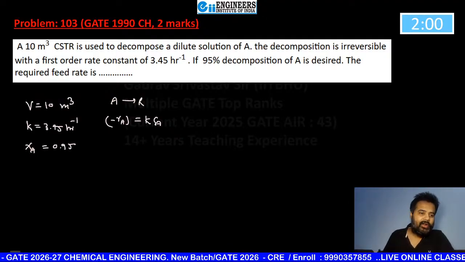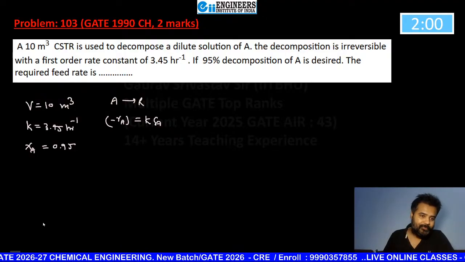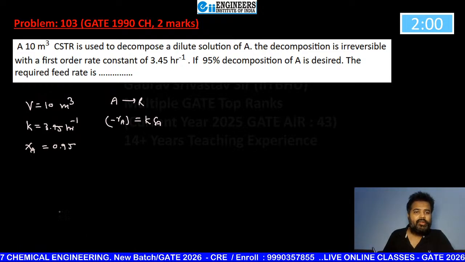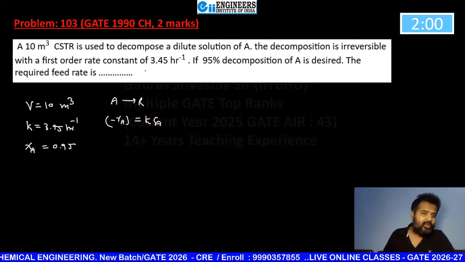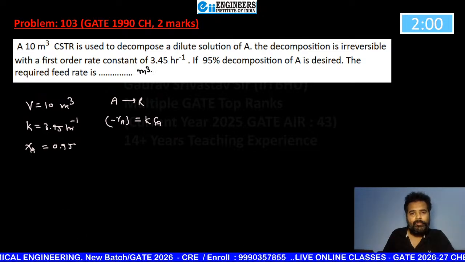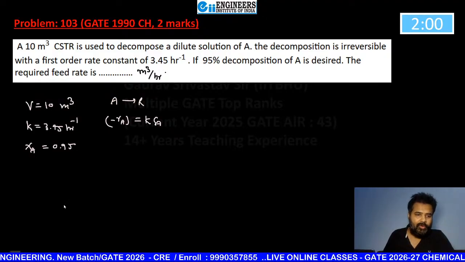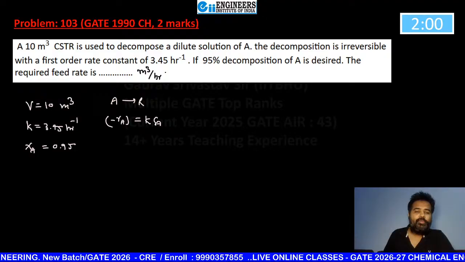Now the required feed rate is asked, but the unit is not there. So suppose they are asking the required feed rate in meter cube per hour. So how to solve it? It's meter cube per hour, that means V naught.